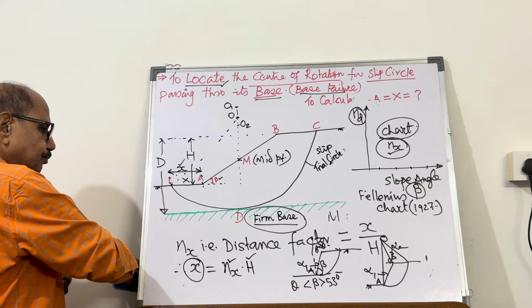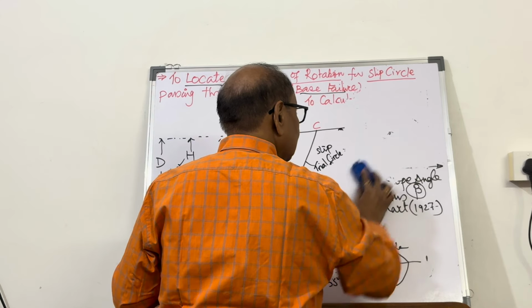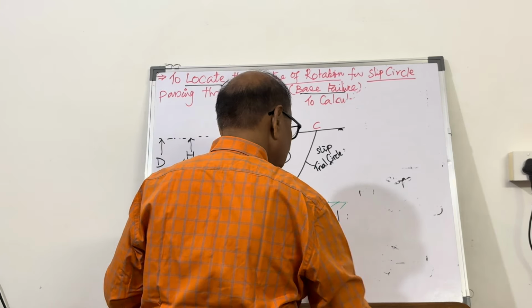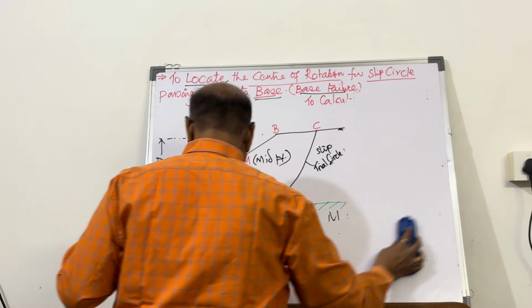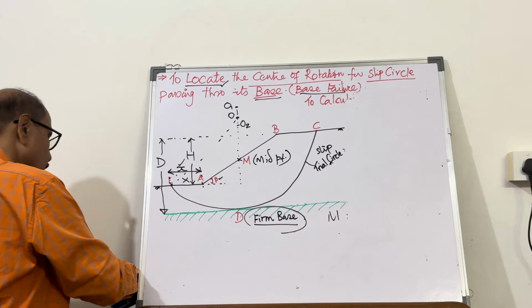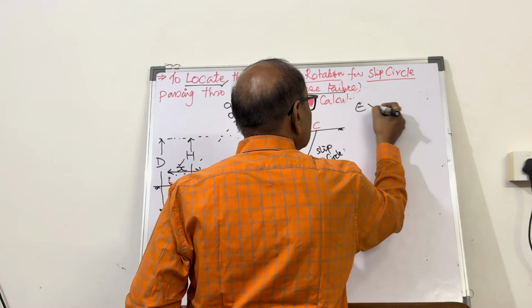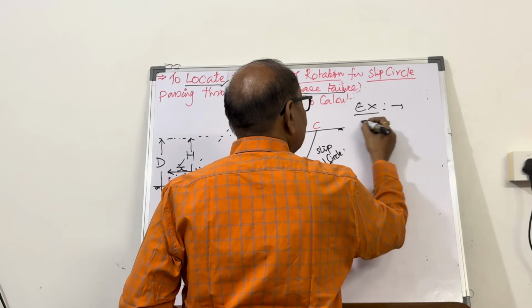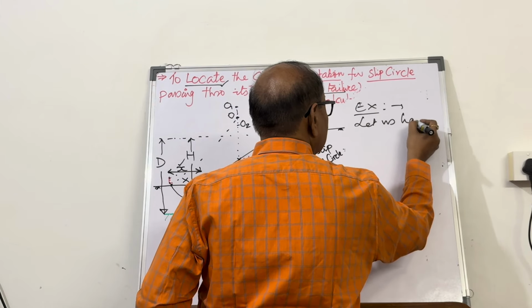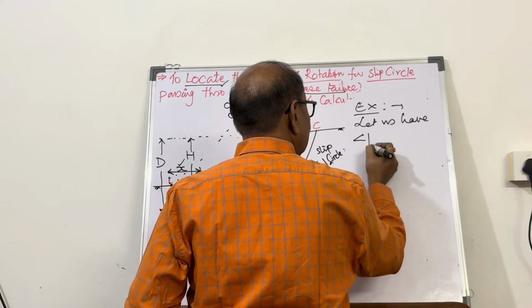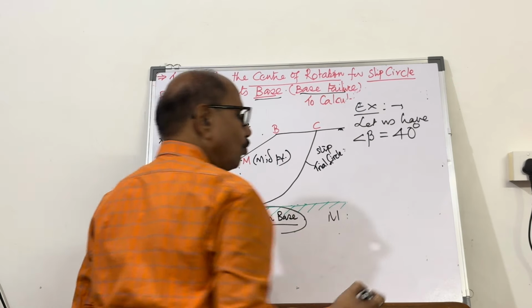For example, let's say the values are like this. Let's have angle beta, that is the slope angle, equal to 40 degree.